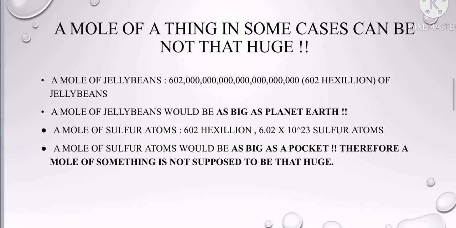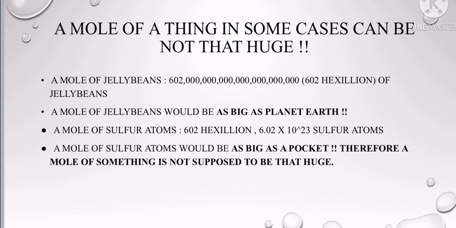A mole of jelly beans would be as big as planet Earth. Can you imagine? A jelly bean is not something really huge, but a mole of it is equivalent to planet Earth, which is really gigantic.